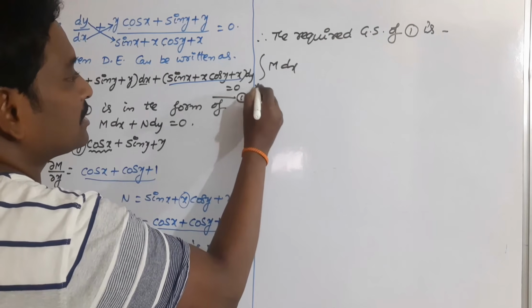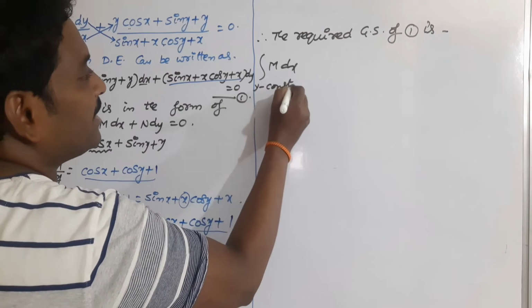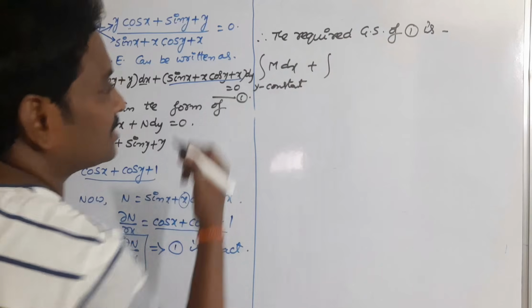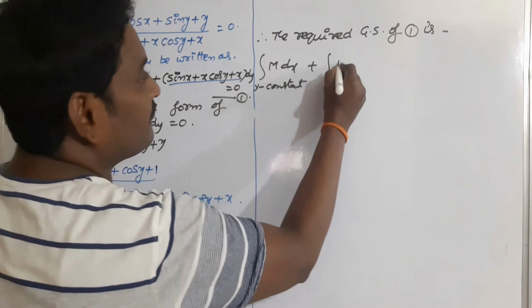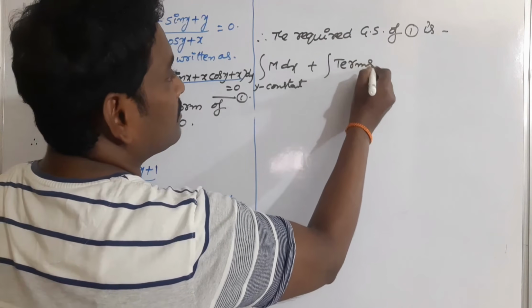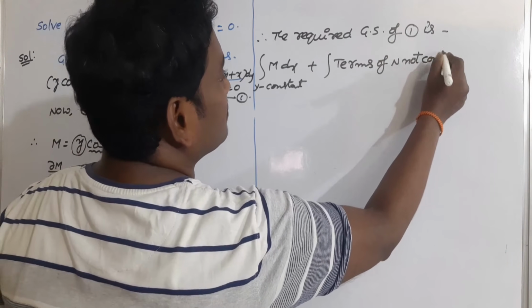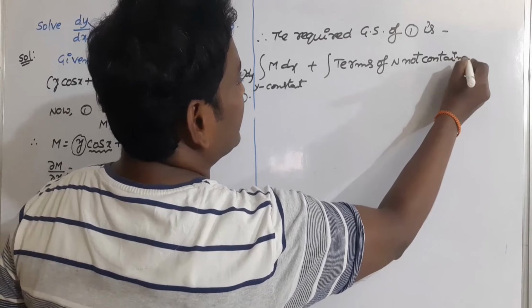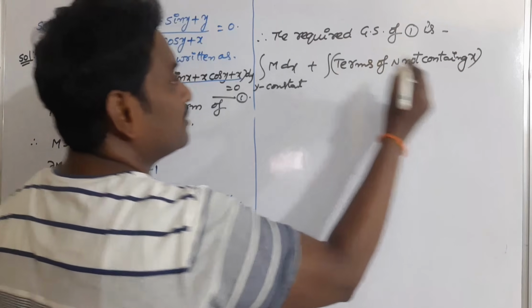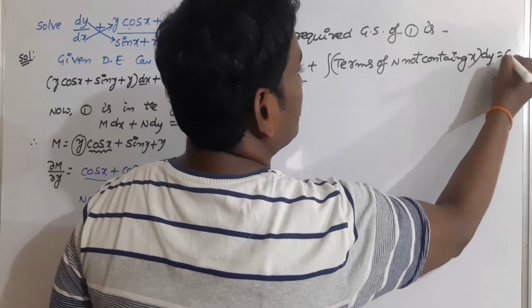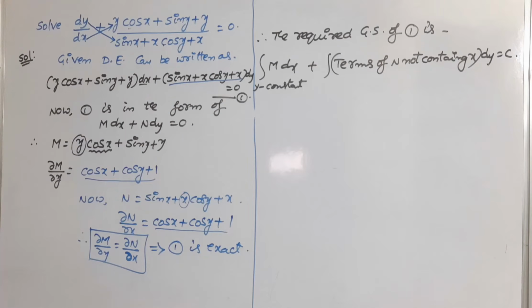Integral M dx, y should be constant, plus integral of the terms of N not containing x, whole into dy is equal to c. Don't forget this formula.